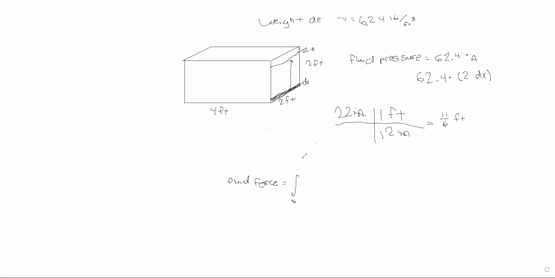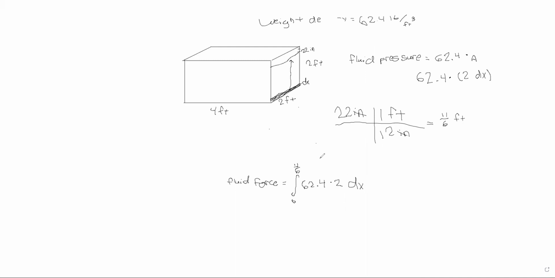So the fluid force is going to be the integral going from 0 feet to 11 over 6 feet of our fluid pressure equation. So if you integrate fluid pressure, you get fluid force. So we have 62.4 times 2 dx.